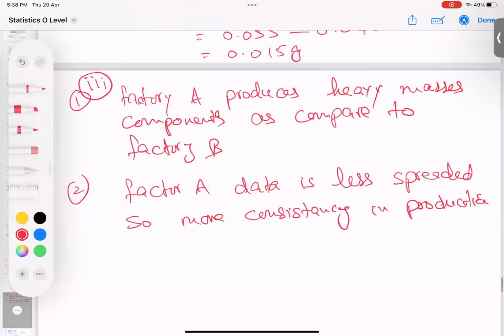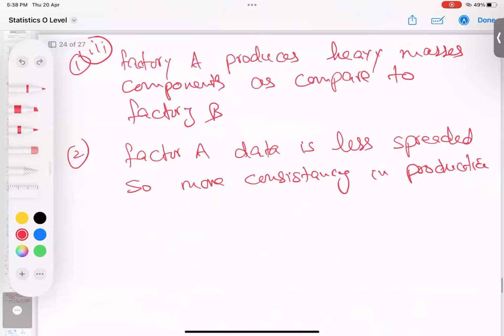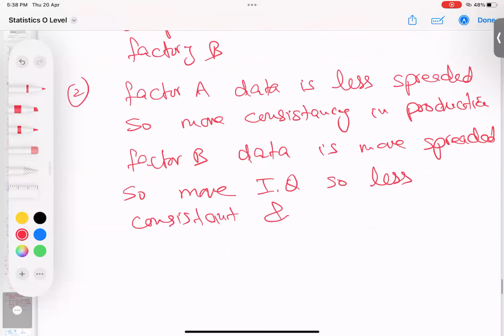And you can say that this data is more spread. So bigger interquartile range. Factory B data is more spread, so less consistency, more interquartile range, and bigger range.